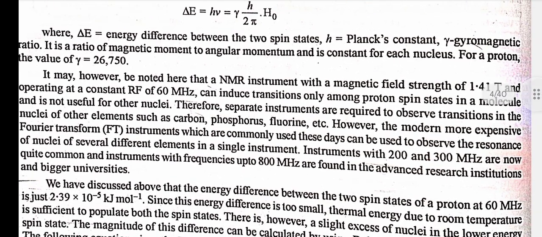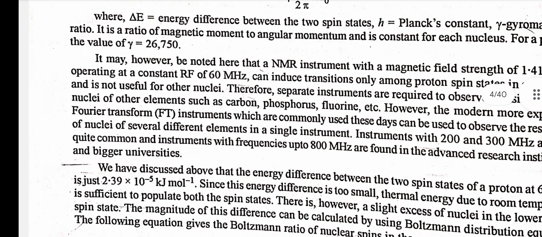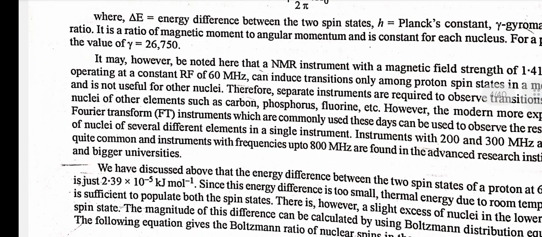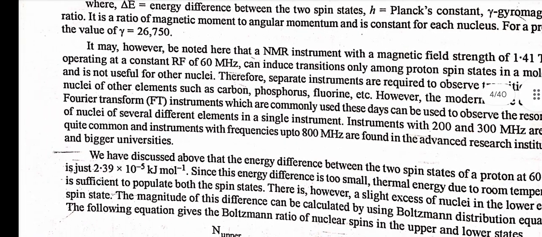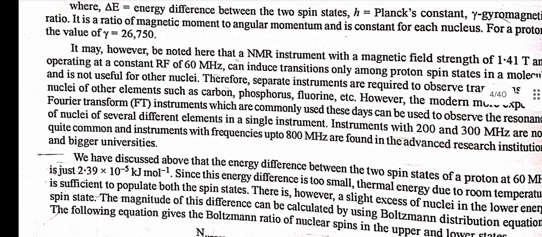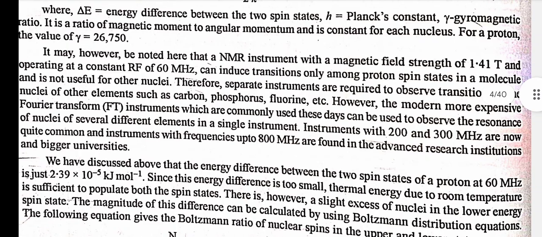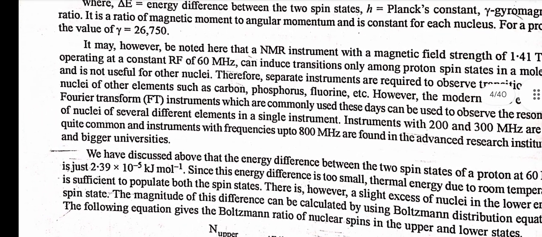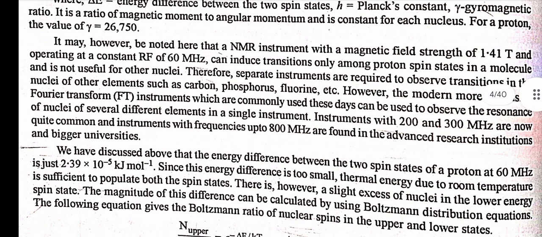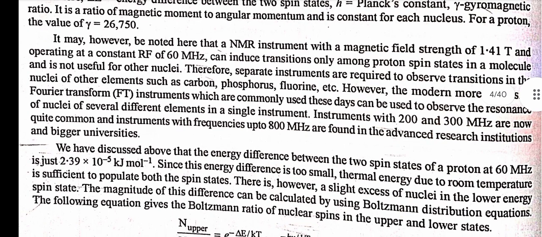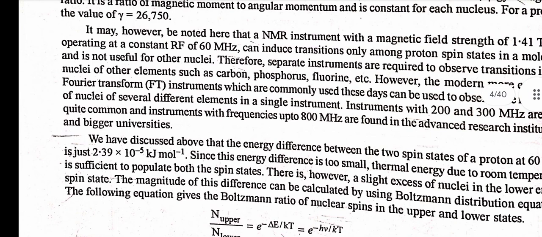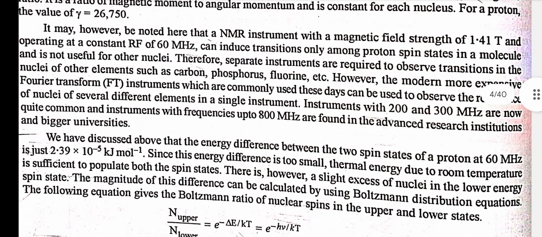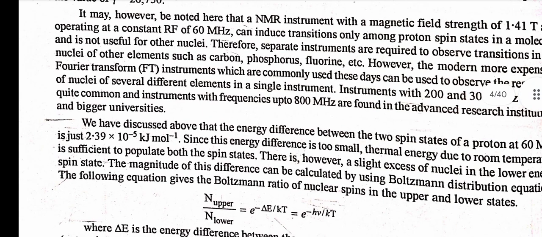Therefore, separate instruments are required to observe transitions in the nuclei of other elements such as carbon, phosphorus, fluorine, etc. However, the modern, more expensive Fourier transform instruments which are commonly used these days can be used to observe the resonance of nuclei of several different elements in a single instrument. Instruments with 200 and 300 MHz are now quite common, and instruments with frequencies up to 800 MHz are found in advanced research institutions and bigger universities.